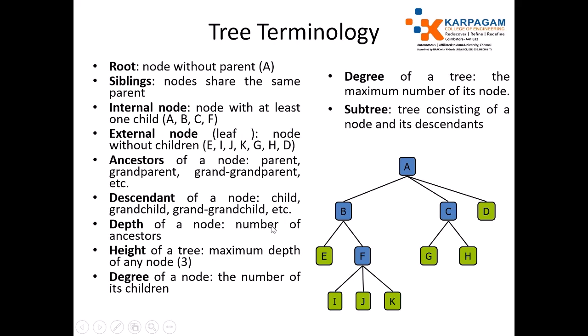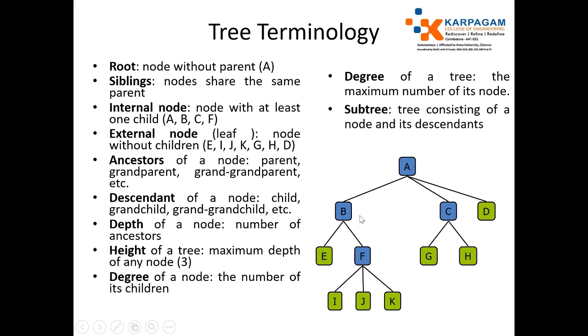Next keyword is depth of a node. The depth of a node means the number of its ancestors. For example, for node F, the number of ancestors is 2. So the depth of node F is 2. Here the depth of node K is the number of its ancestors.